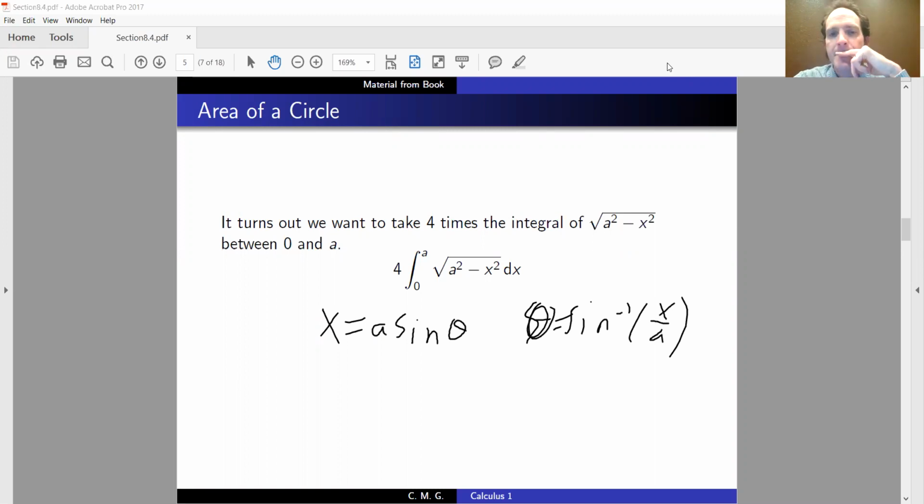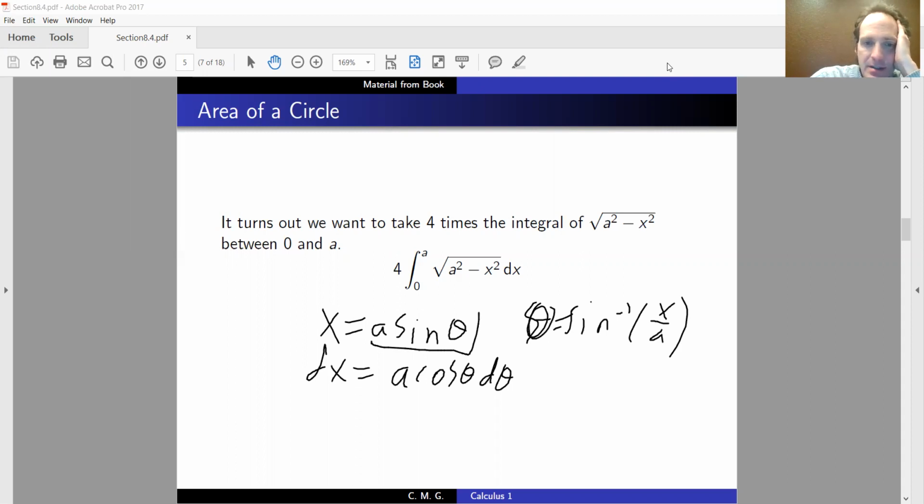Okay, so I'll make that substitution. dx is just going to be a times cosine of theta d theta. So I want to get everything in terms of d theta there. And so that's where I would go with this. So I make my substitution.